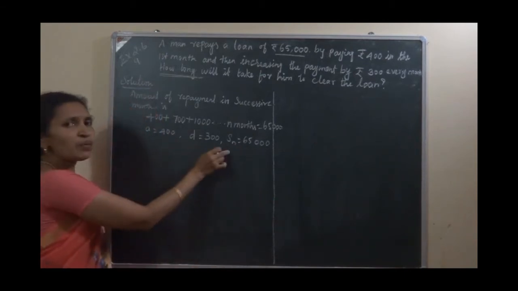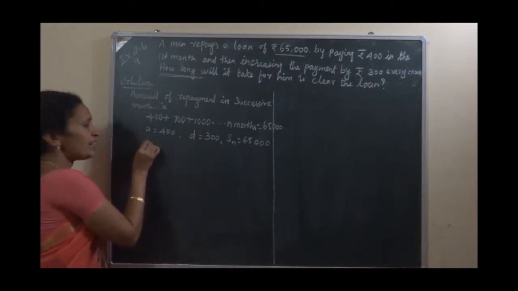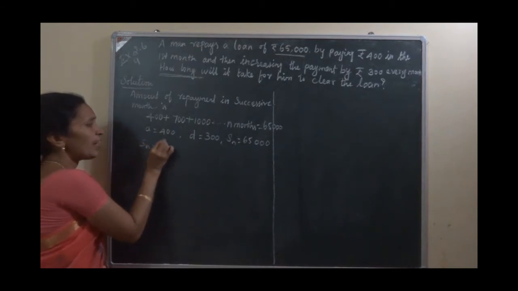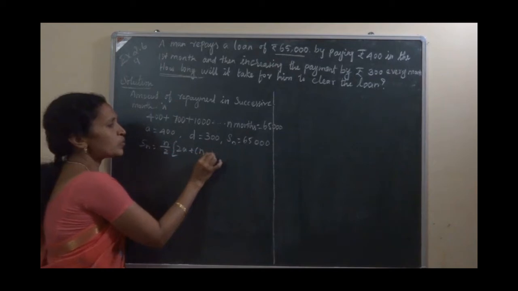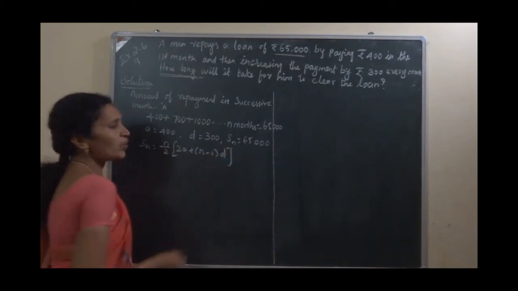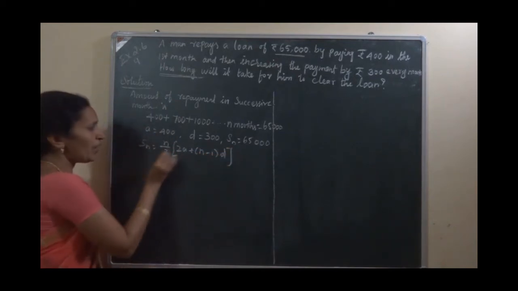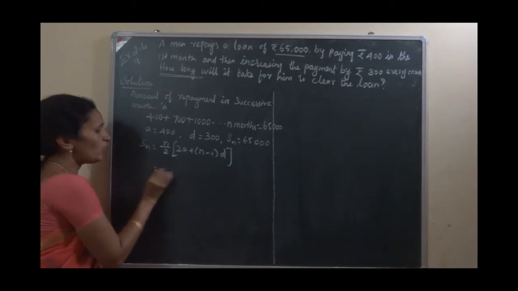Now, which formula is applicable here? Sn equals n by 2 into 2a plus n minus 1 into d. The same formula. Now apply the values.